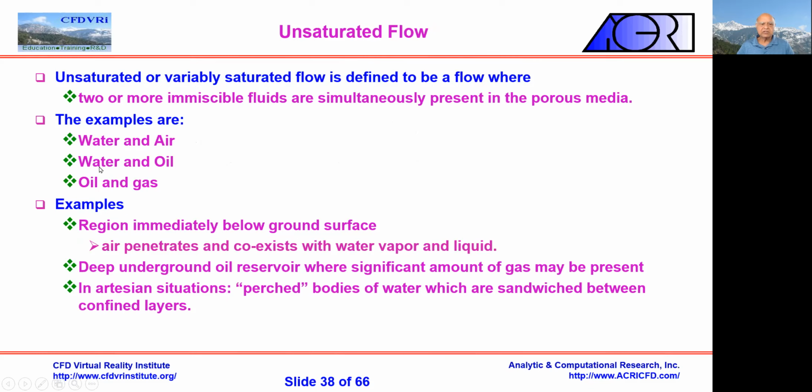We can have water, oil, and gas, which may consist of oil and air and water vapor and oil vapor, right? For example, in the region immediately below the ground surface, air penetrates and coexists with water vapor and ground water. This is very important for agriculture.